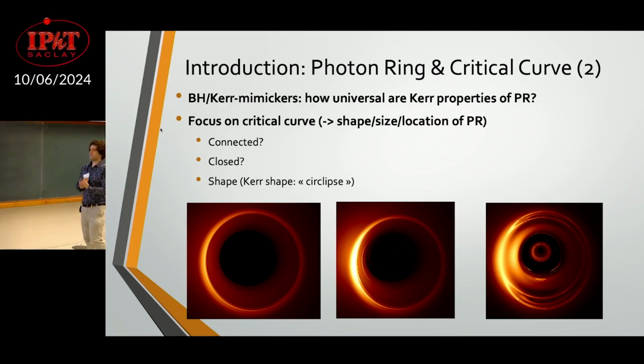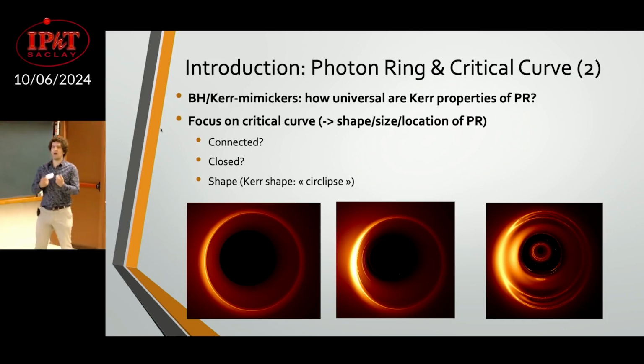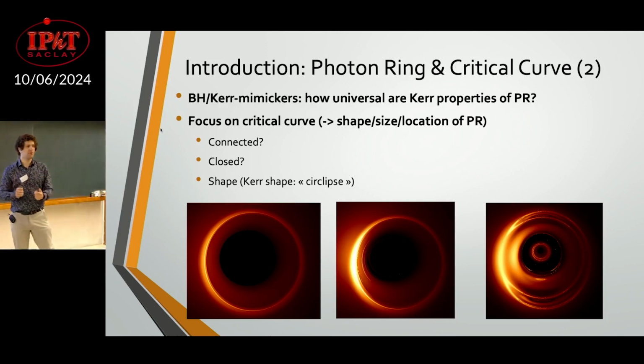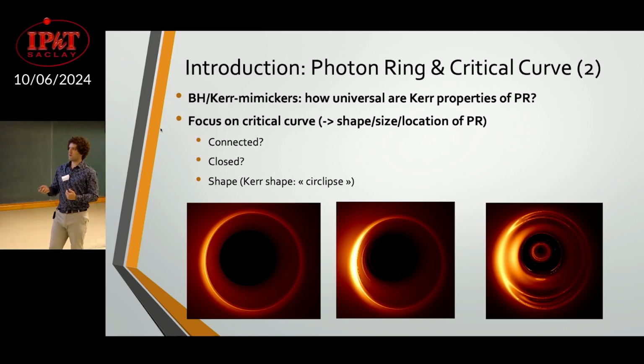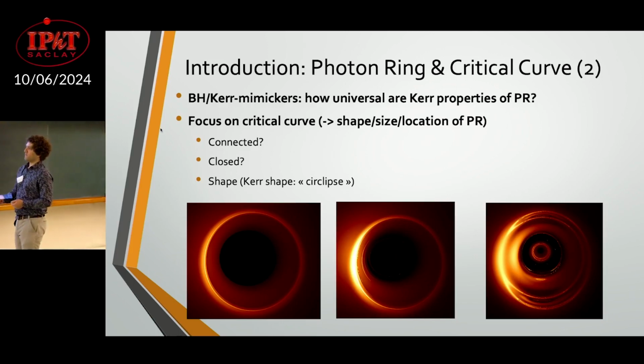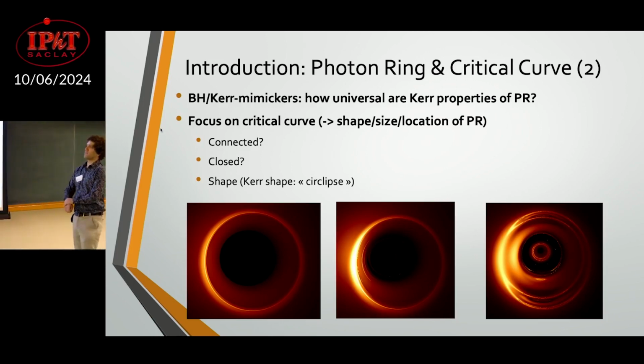But we don't have a lot of insight as to how robust those statements are. In particular, if I deviate a little bit from Kerr, will this show up in the photon rings or not? Is this photon ring just something that all black holes have and is always the same or not? So how universal are the properties that we know of the photon ring for Kerr beyond Kerr?